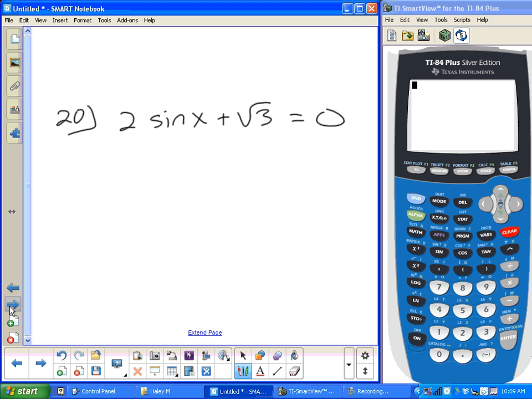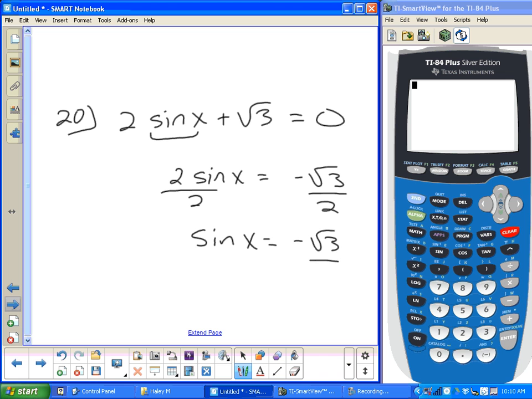So what do I need to do to get that by itself? Subtract square root of 3. So over here, negative square root of 3, and divide by 2. That should be a familiar number, right? So sine x equals negative square root of 3 over 2.